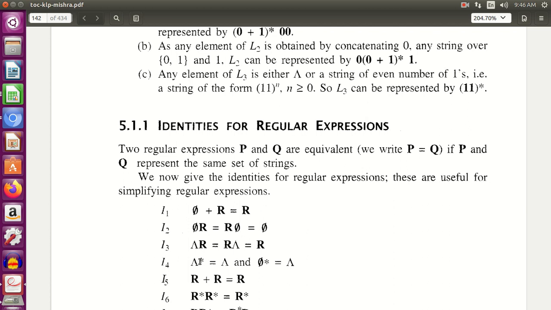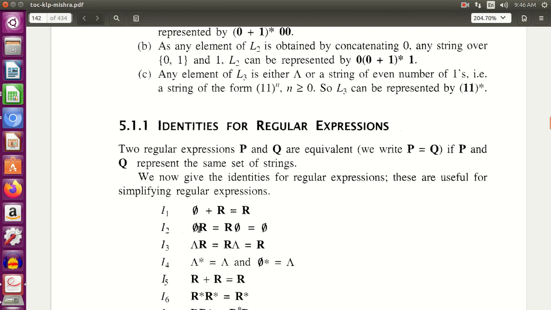Generally in MCQ you might get a question of this type. So when it's lambda concatenated with r, it's r. But null is an empty language in itself, and lambda is a language whose length is empty. It does not have any length, that is lambda or epsilon.